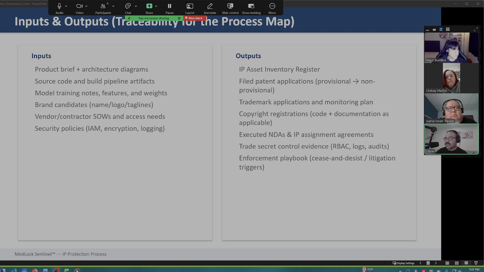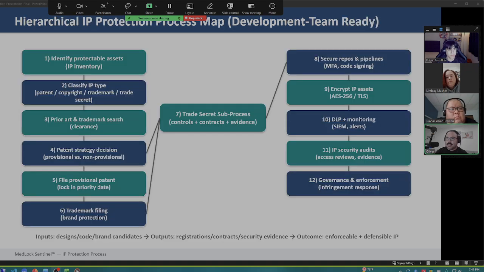Next is the actual process map, including a sub-process for trade secrets. In this slide, you'll see the IP protection process map. This is the core deliverable, the hierarchical process map with clear phases and a trade secret sub-process.